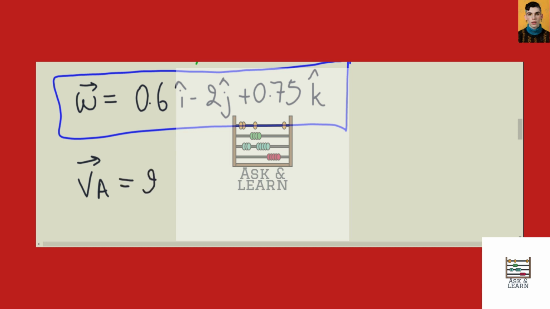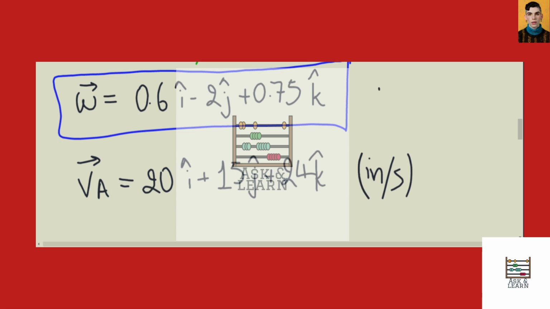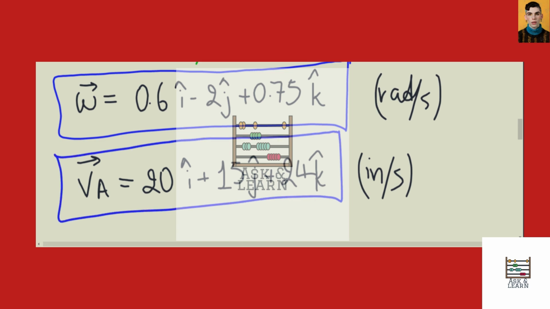The expression for the linear velocity of point A is just this one. And this is again inches per second, and that was radians per second. And this is the answer for task B of the question.